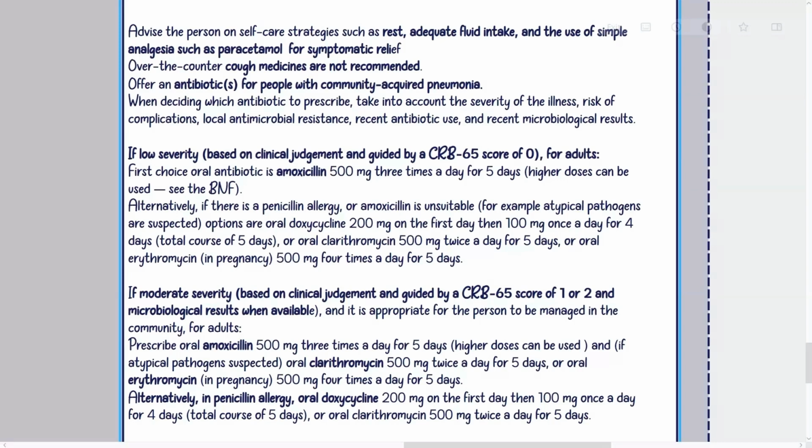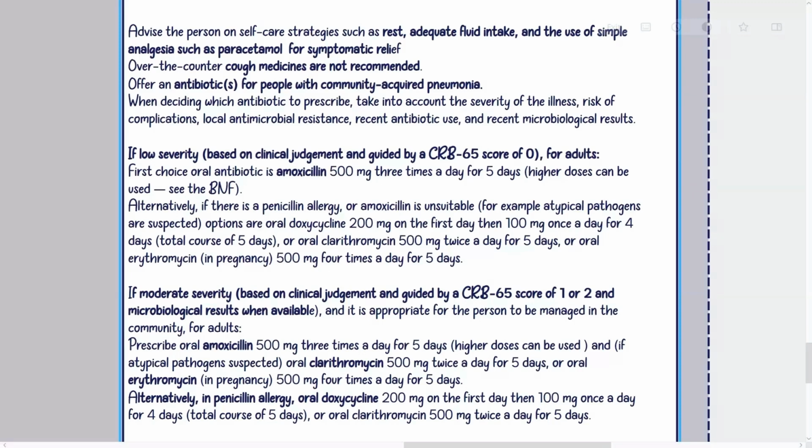If moderate severity, based on clinical judgment and guided by a CRB-65 score of 1 or 2 and microbiological results when available, and it is appropriate for the person to be managed in the community: for adults, prescribe oral amoxicillin 500 mg 3 times a day for 5 days.